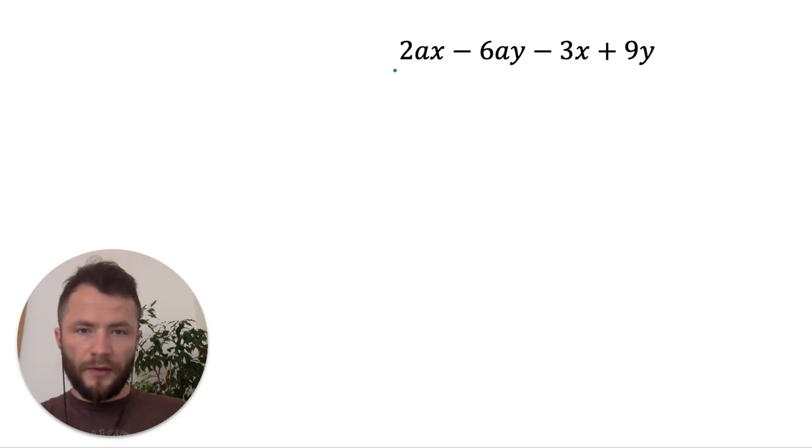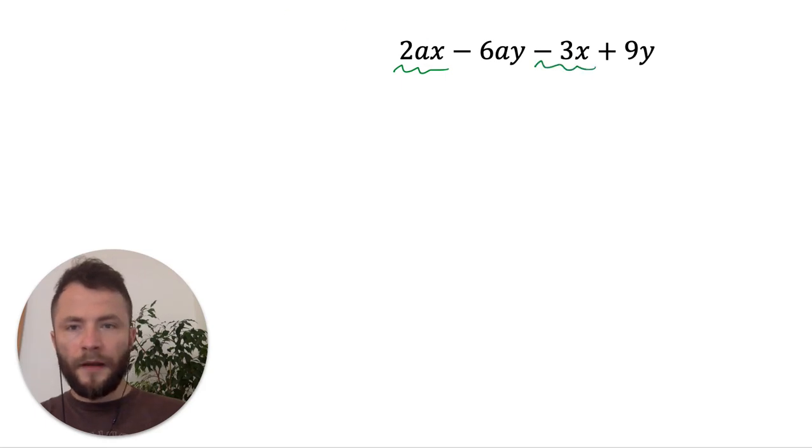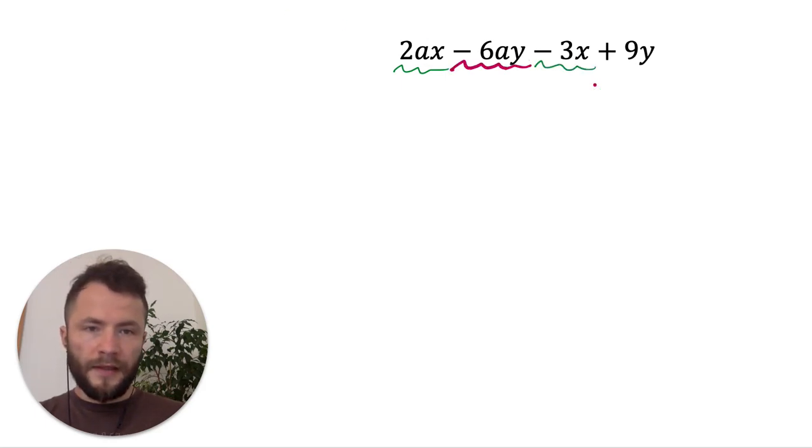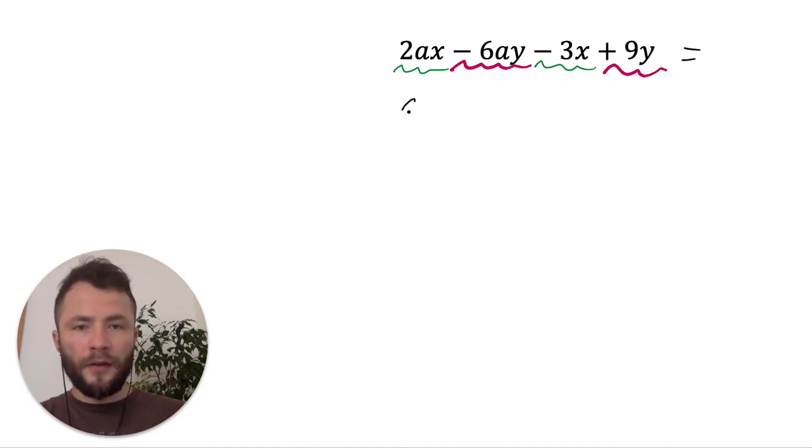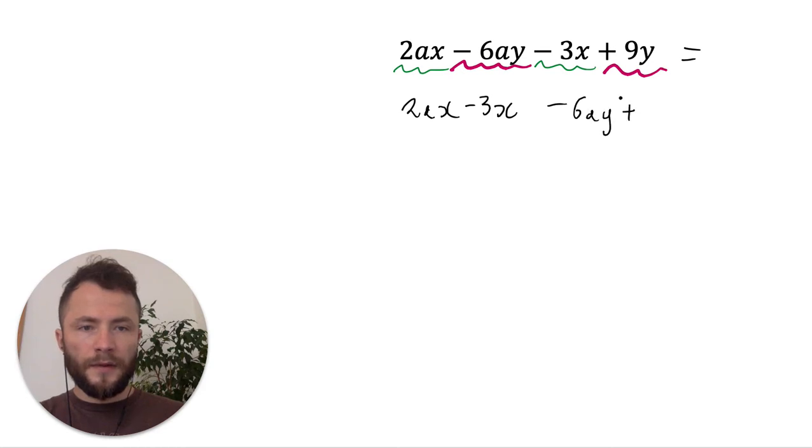So I'm going to spread them into groups. I have common factors over here, 2ax and minus 3x. And I also have minus 6ay and plus 9y. So if I start factorizing, I have 2ax minus 3x minus 6ay plus 9y.